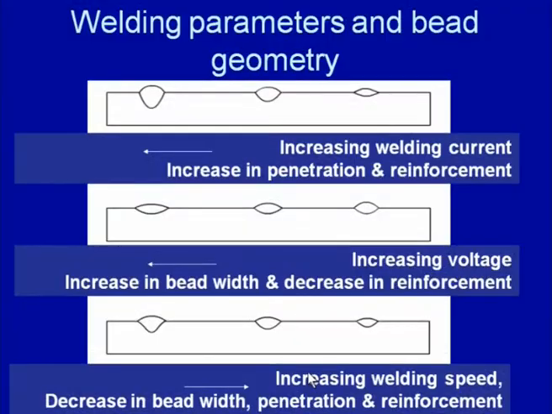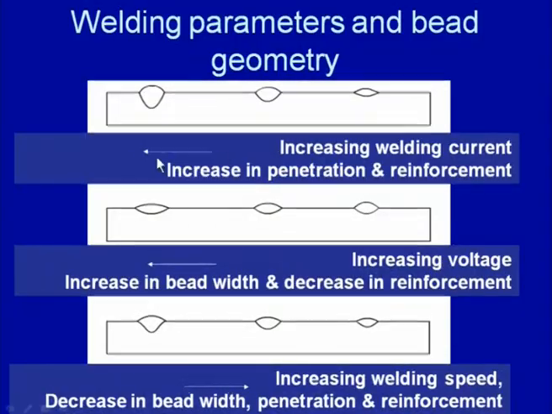So, if we compare the relative effect of these three important variables on the weld bead geometry, then we can see that increasing the welding current will be increasing the penetration and the reinforcement. If we see, this is the low current weld, somewhat higher current, and the highest current weld being made.